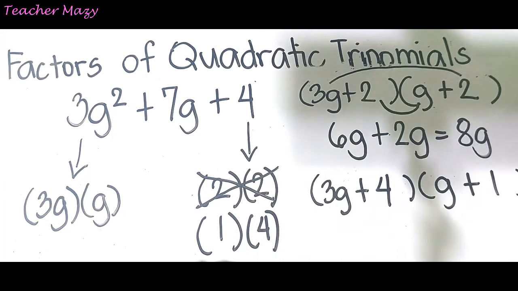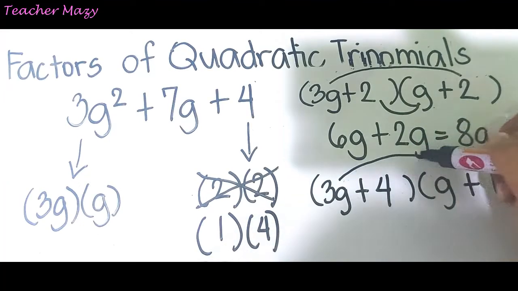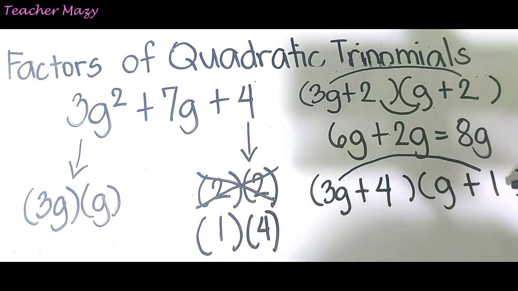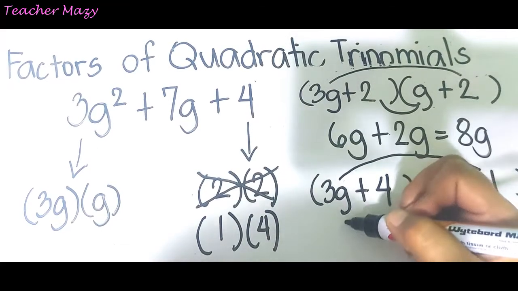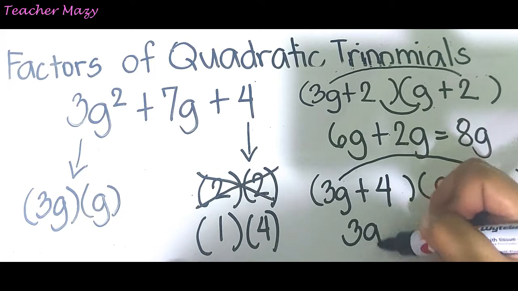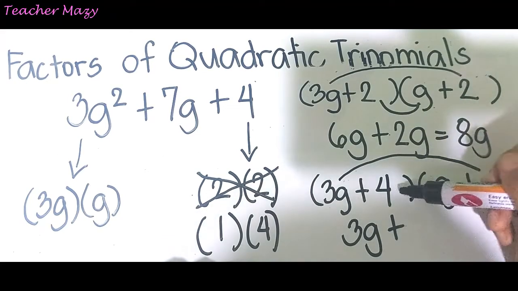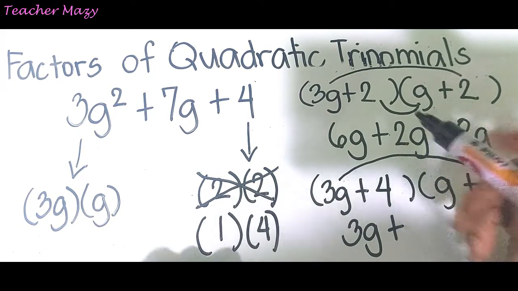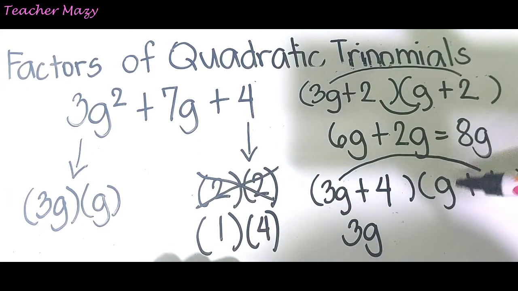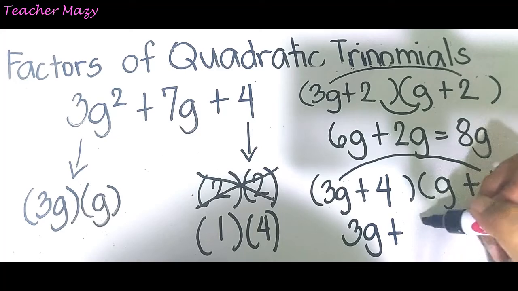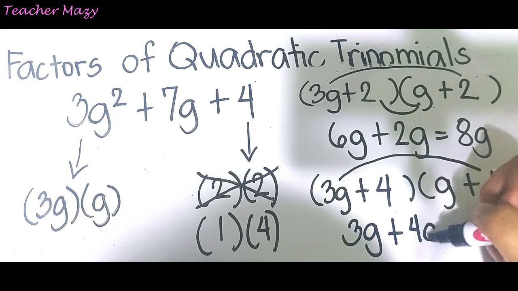Let's check by multiplying: 3g times 1 is 3g, and positive 4 times g is positive 4g.